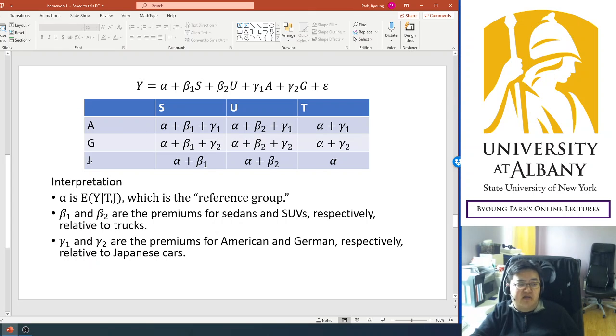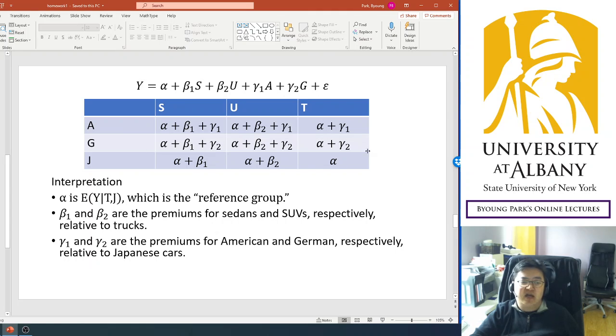There are 9 groups, 3 by 3, and I filled in the table. Let's interpret what happened. First, alpha is easy. Alpha is the average price for Japanese trucks.